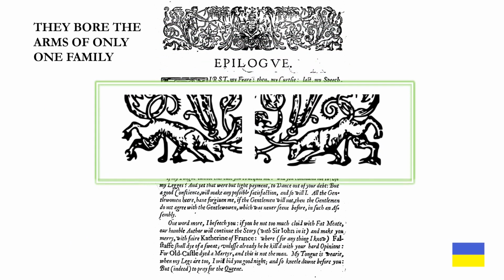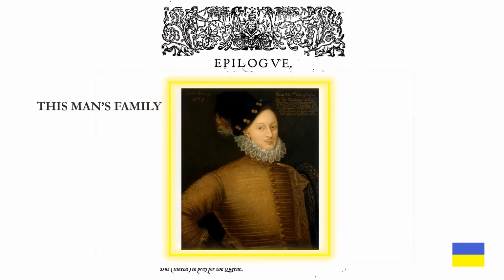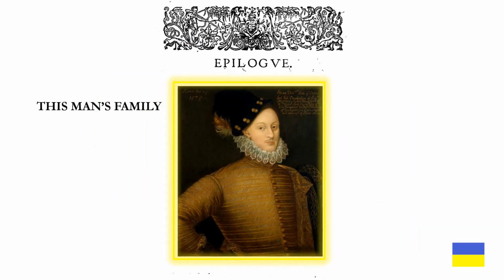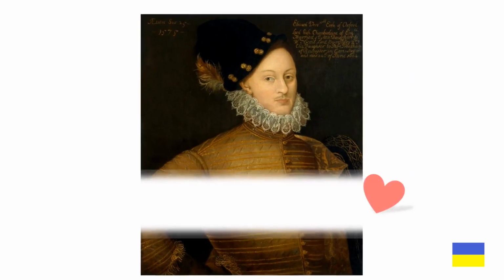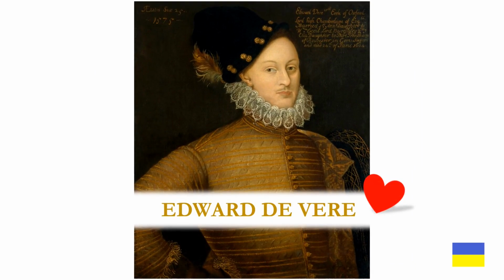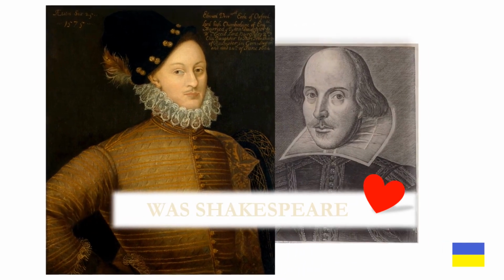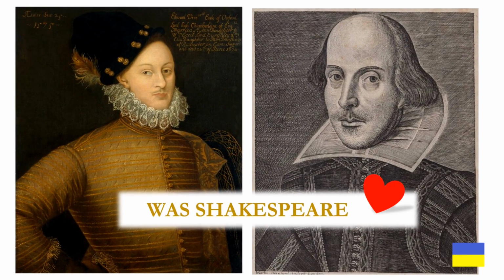These are Calais greyhounds, and they bore the arms of only one family. This man's family. Edward de Vere. This is evidence Edward de Vere was Shakespeare.